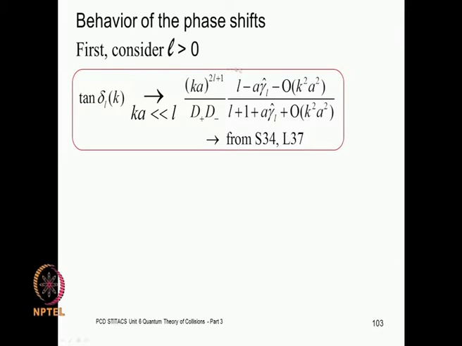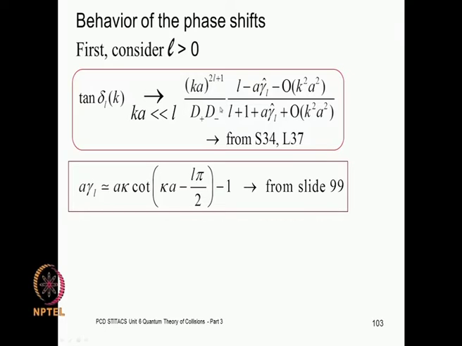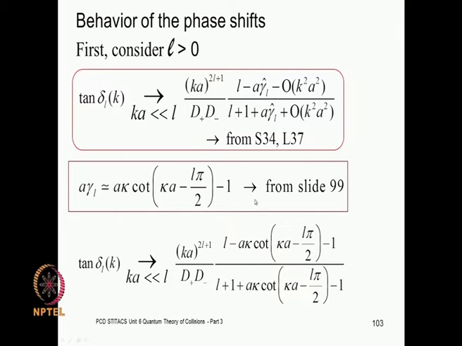So, this expression we have obtained in one of our earlier classes. So, I will use it directly, okay. And in this, notice that there is this gamma, which we have obtained just a few slides prior to this, and now you can write this A gamma, okay.